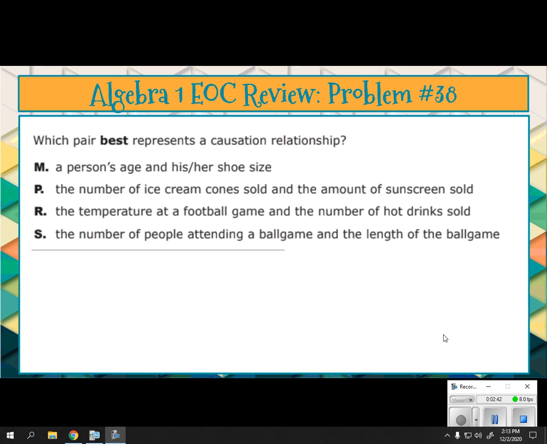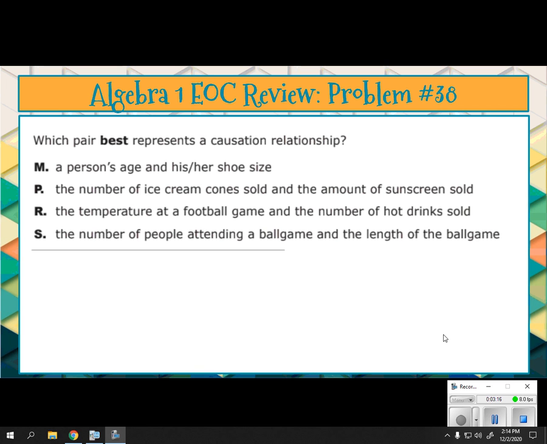So if we look at this, a person's age and his or her shoe size, well, just because they are younger doesn't necessarily mean that they have smaller feet, and just because they're older doesn't necessarily mean that they have larger feet. I've known plenty of young teenage boys that have much larger feet than me. So a person's age and shoe size is not a good causation relationship; their age doesn't necessarily change their shoe size.